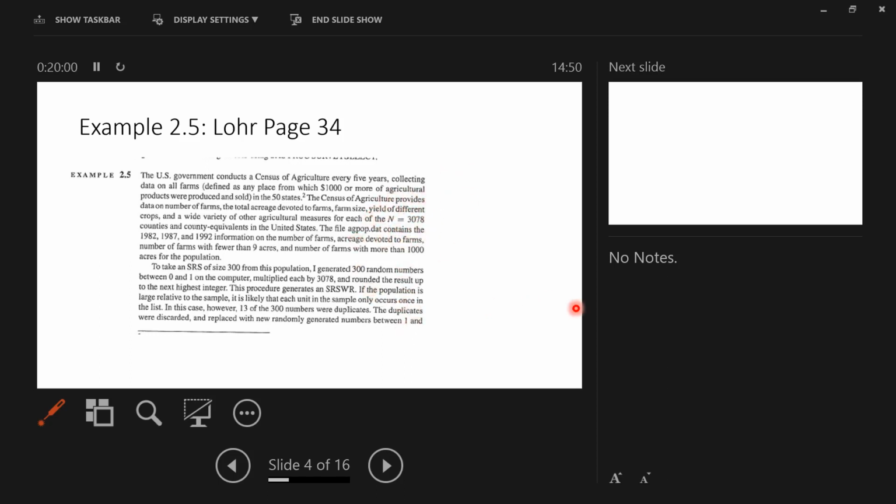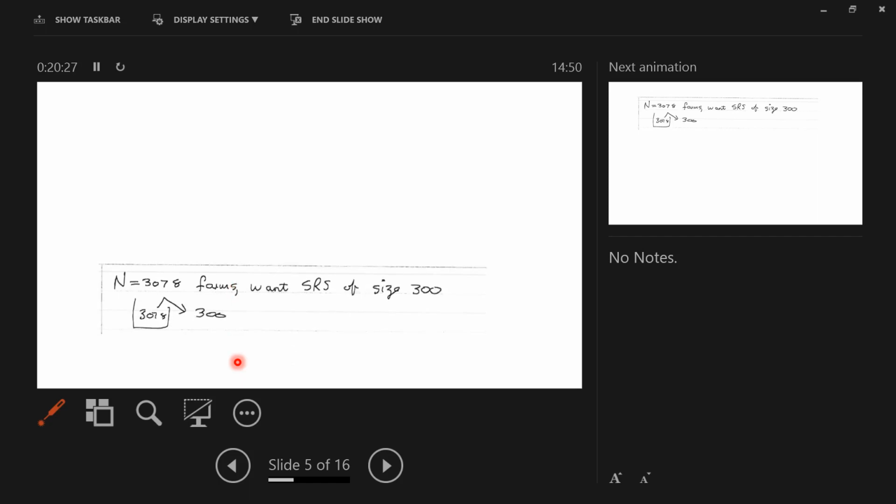It's to do with farming, and they're trying to estimate how many acres have a particular type of farming, and so on. So they draw a sample of 300, and they investigate those 300 farms, how much of the farm has corn, whatever they're interested in, and then they're going to make a decision from there.